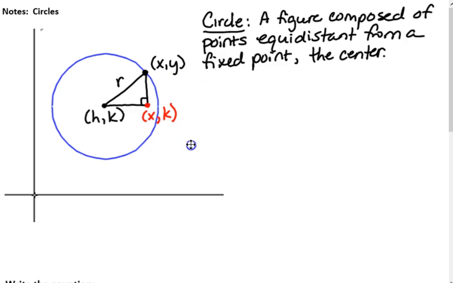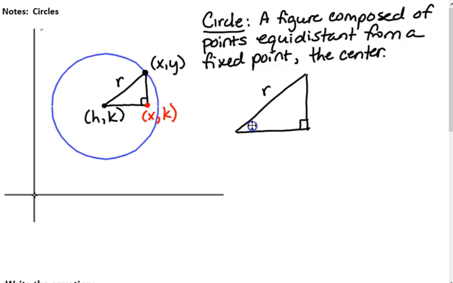If we wanted to know the distance between the point H, K and the point X, K, we would just have to subtract x minus h. So the distance here would be x minus h. And actually I'm going to make a little bigger picture of this triangle so we can see this a little more clearly.